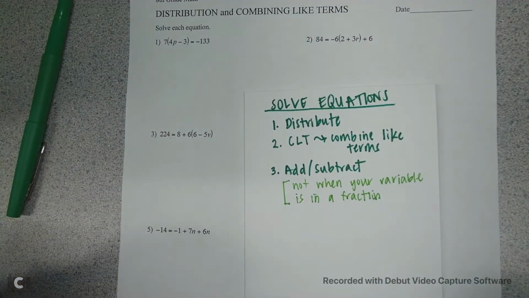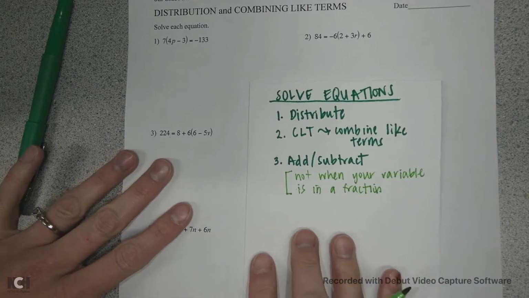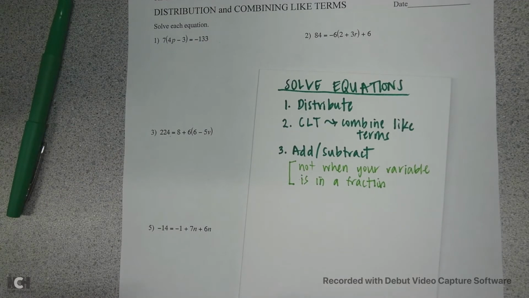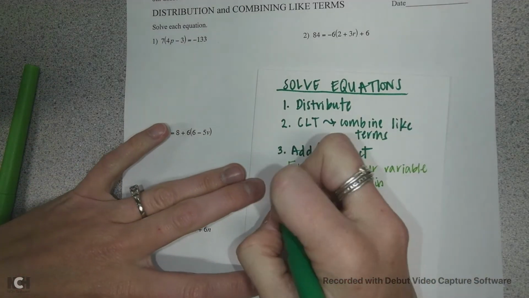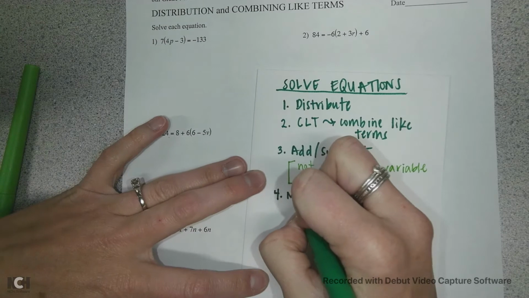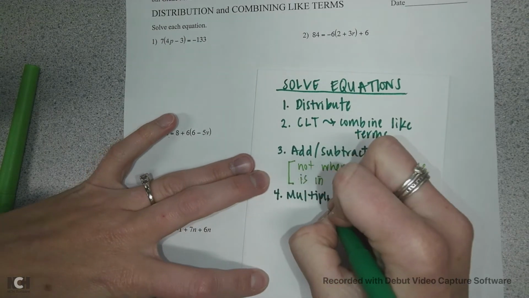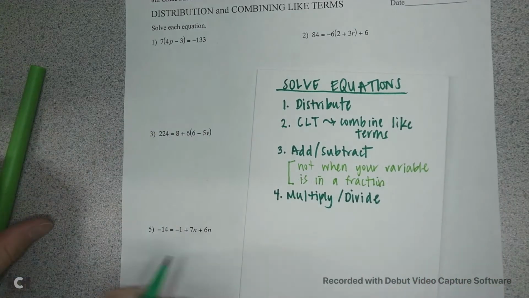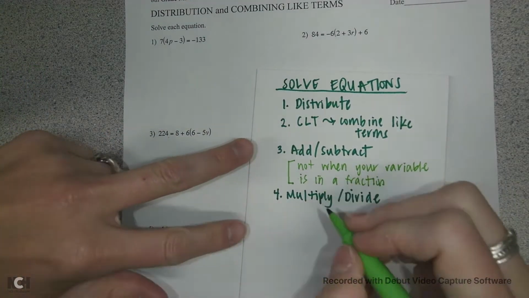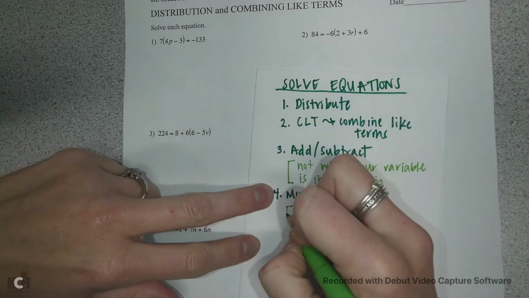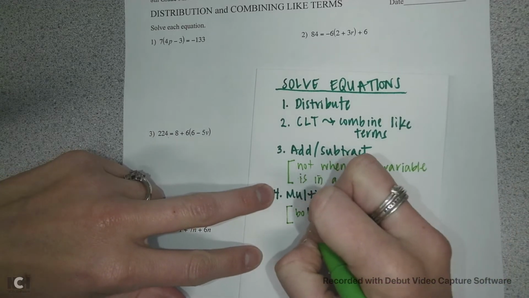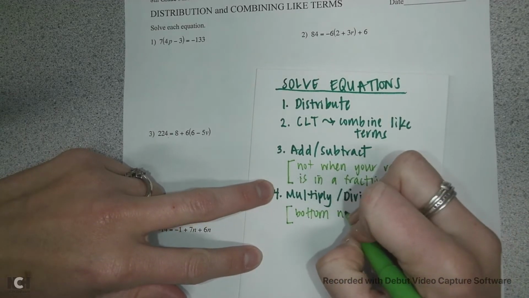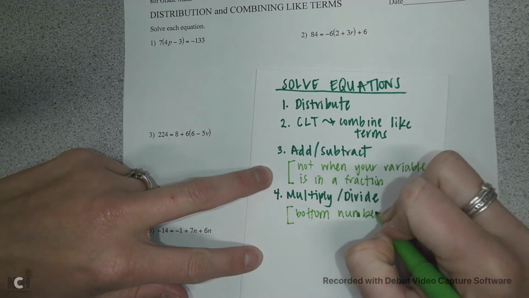When your variable is in a fraction, we're going to do something different, which we're going to talk about. So yay! And then number 4 is multiply, divide. And when you're multiplying and dividing, if you have a fraction, always do the bottom number first.